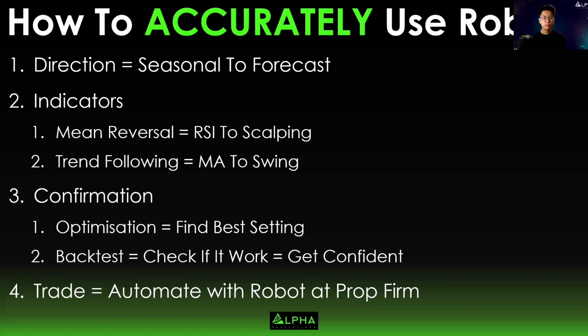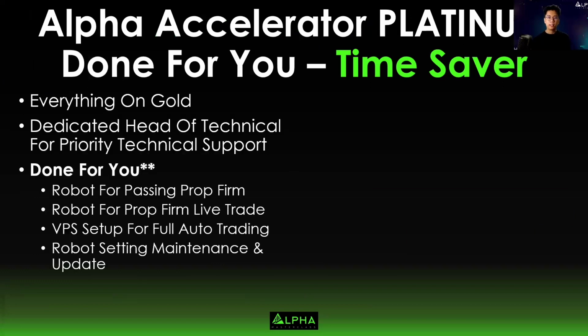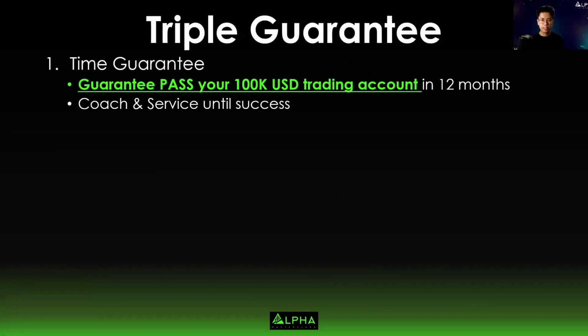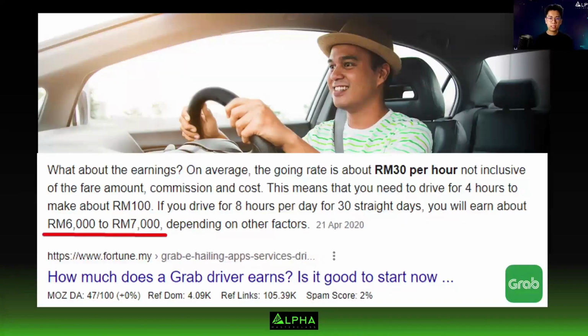All right. So just like we mentioned, the best way to move forward is the Alpha Accelerator. And yeah, I just don't want to bother you guys too much. I think you guys have already made up your mind that this is the best path to move forward. Just want to be clear that if you work as a Grab driver, earning about 6,000 or 7,000, or you work as an employee, does your income become passive?